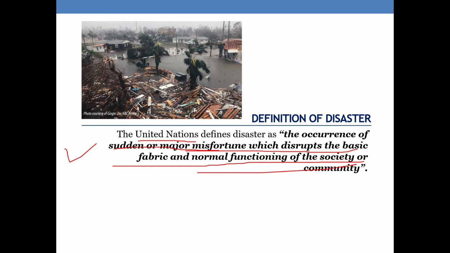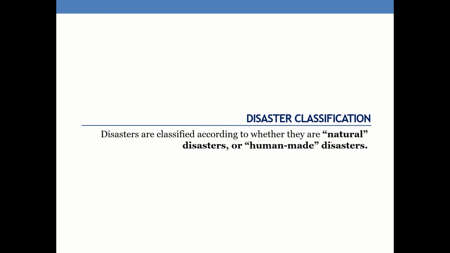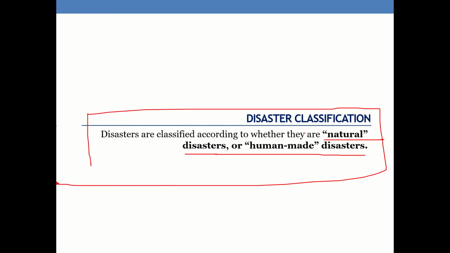So what is the takeaway from here? The takeaway is that disaster can be defined in two ways. One is natural disaster, or it can be man-made disasters as well. Broadly, we all know about natural disasters, and of course we also know something about human-made disasters.